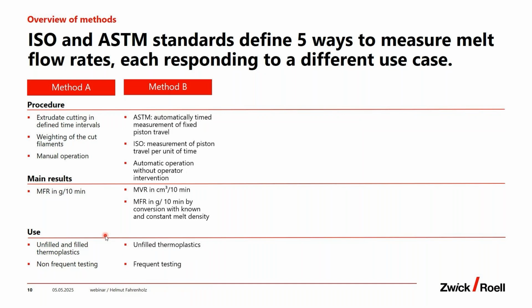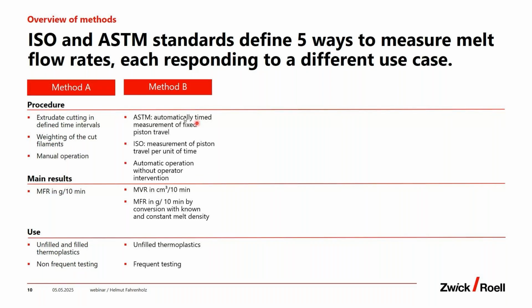If you look for quality control and more regular tests, then typically you will apply method B, either as I explained before, in a timed measurement, or you can use the piston travel per unit of time. So you can also work in a travel-based sequence.